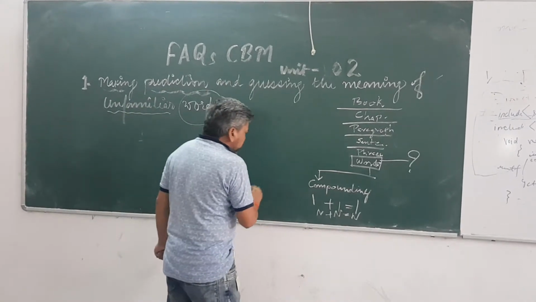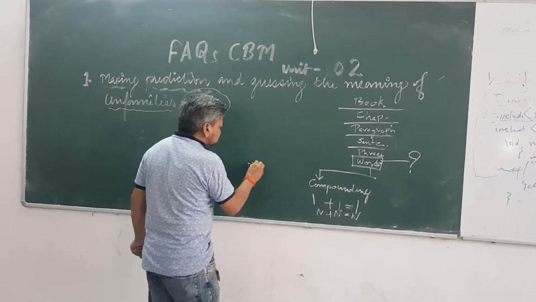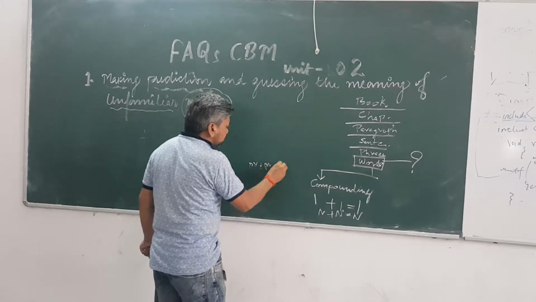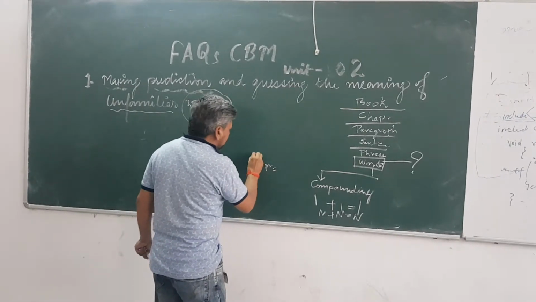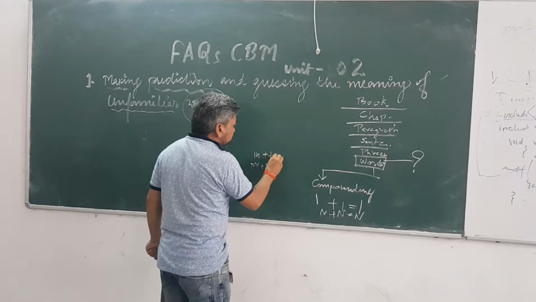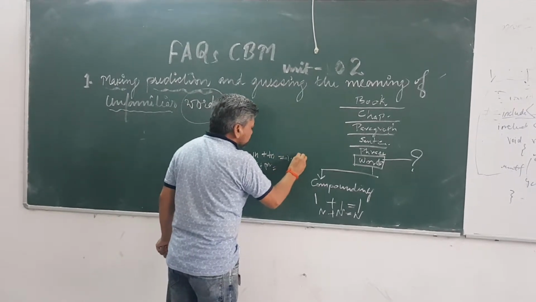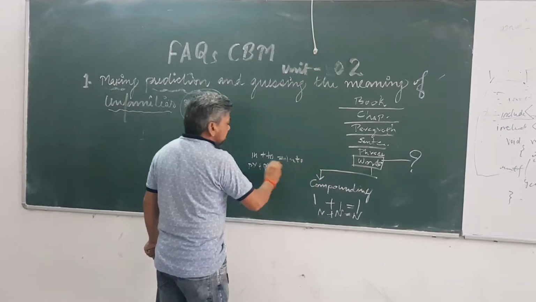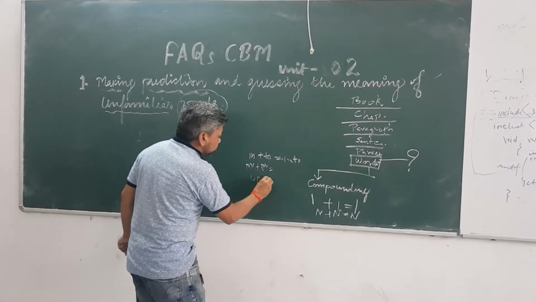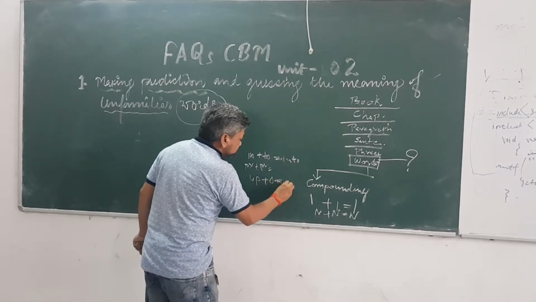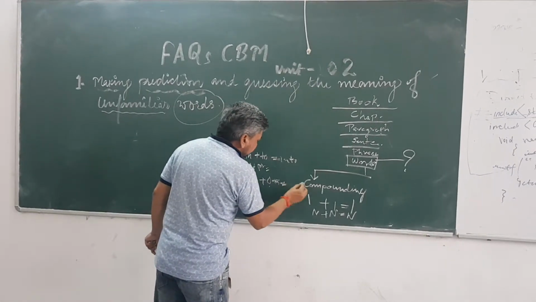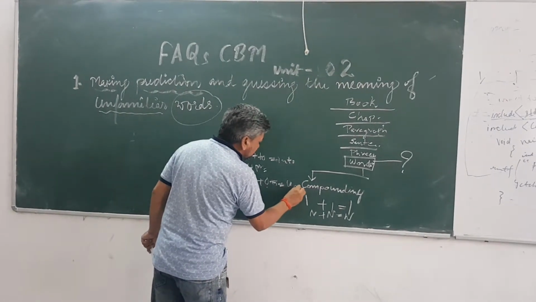Even preposition plus preposition is equal to another preposition. In plus to is equal to into. Up plus on is equal to upon. That way you can guess the meaning of these words.